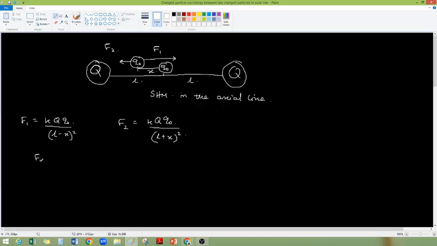So the net force is F1 minus F2. So KQ, do the math yourself, 1 by L minus x the whole square minus 1 by L plus x the whole square.